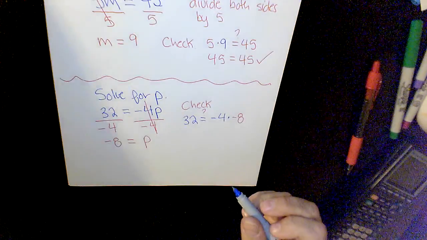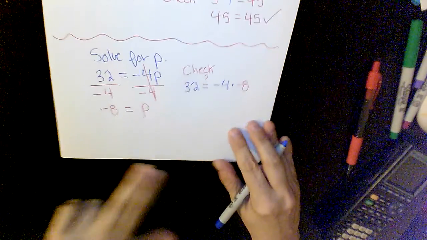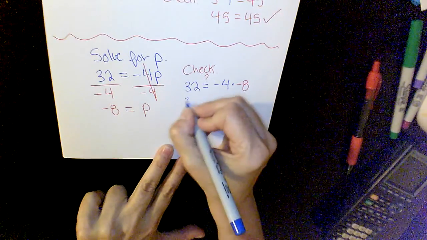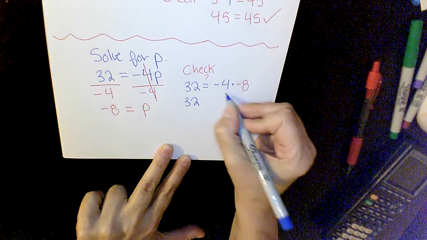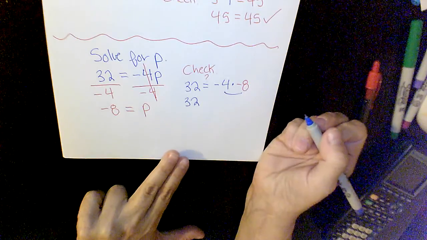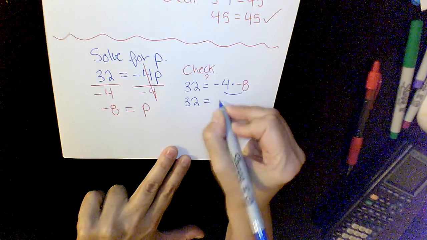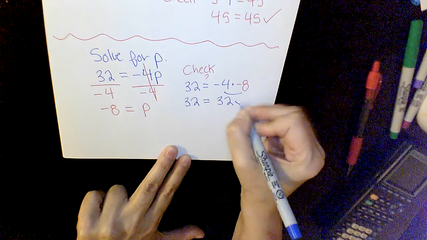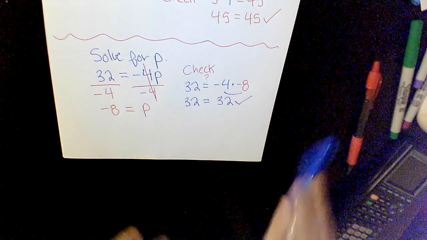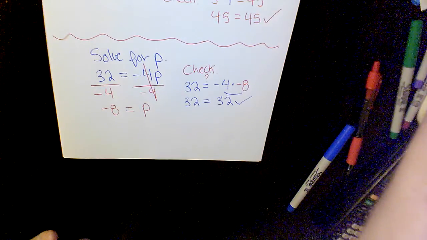So this is 32. I'm just going to bring that down. And what's negative 4 times negative 8? Well, that's also 32. So 32 equals 32. That does check. So that is good.